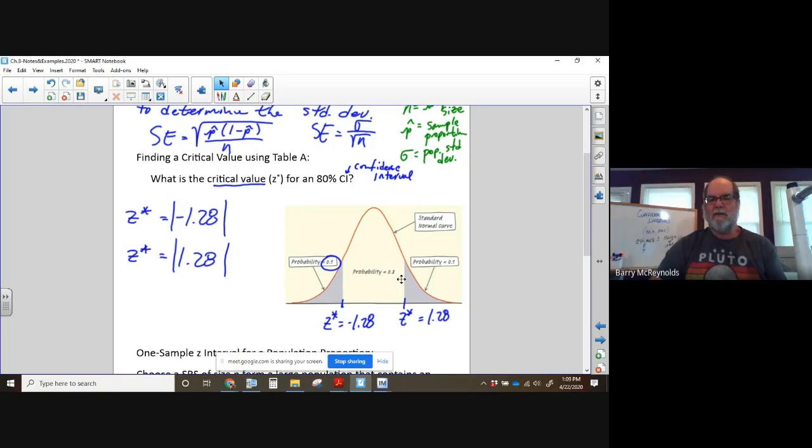If you were interested in the right-hand tail, Z would be a positive 1.28. So this critical value represents that Z-score, or standardized score, corresponding to the amount of data that's left out of our interval.